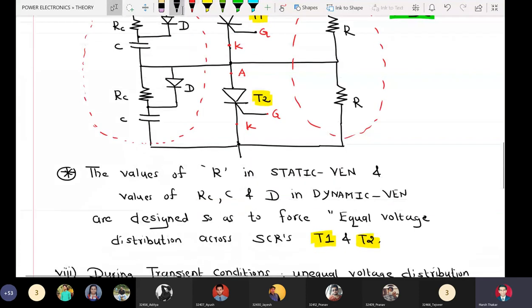So in this particular circuit diagram, this capacitance C will lead to equal voltage distribution to compensate for inequality in the junction capacitances.